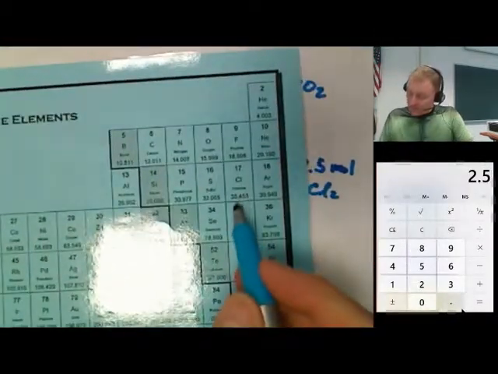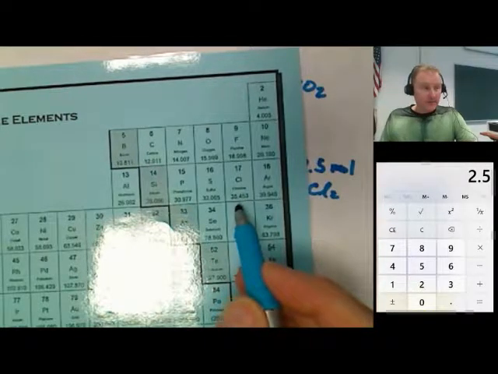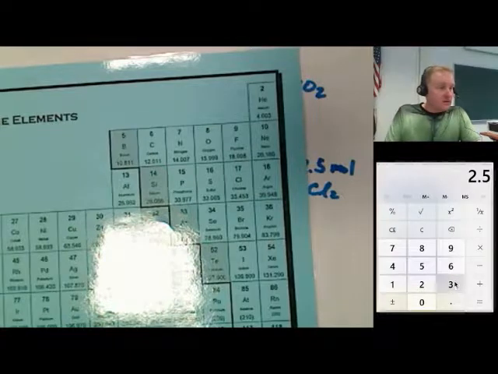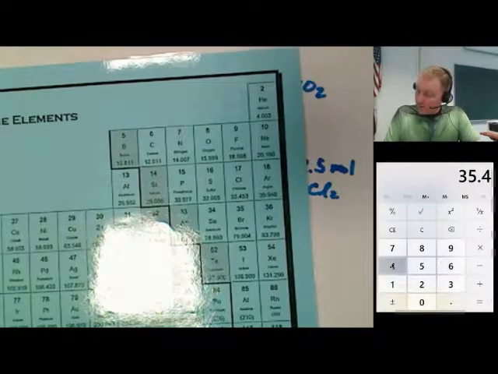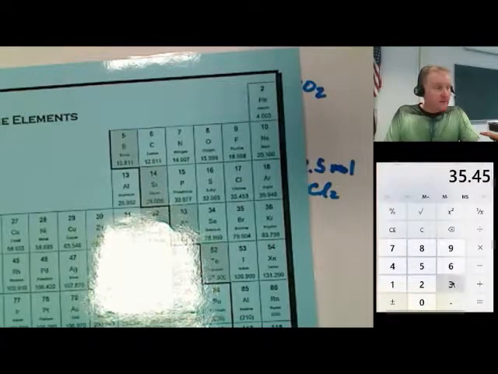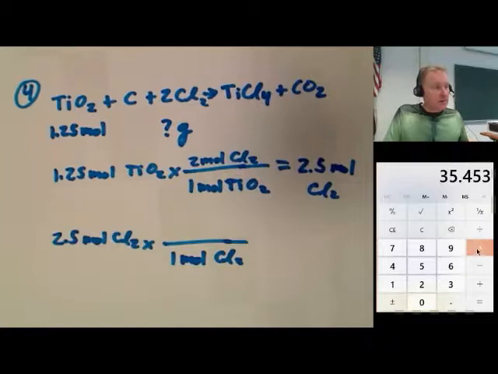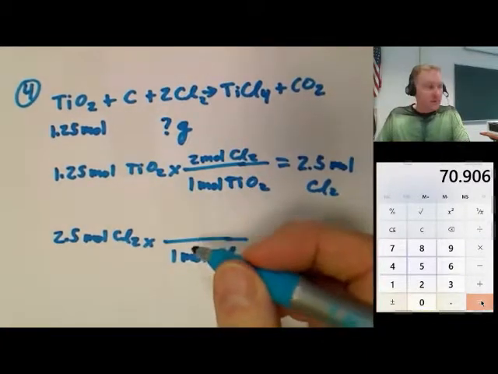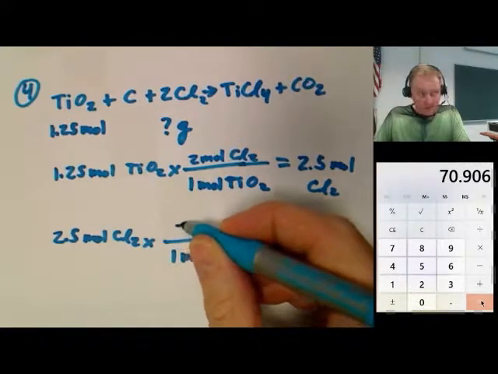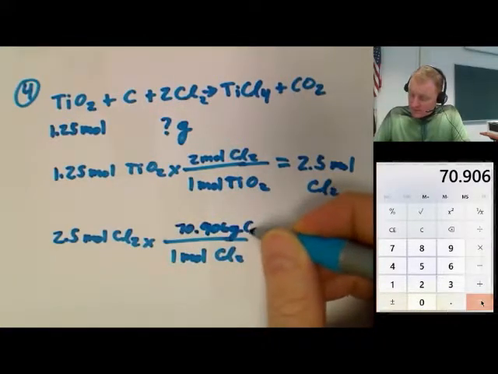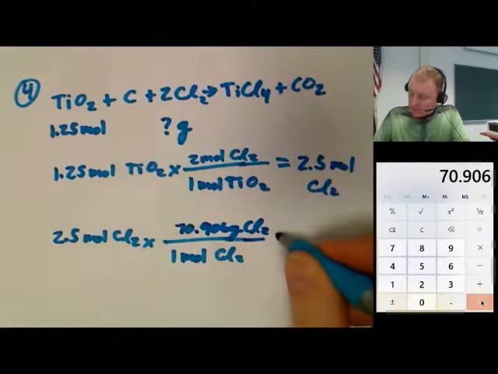Chlorine is 35.453. And chlorine, there's 2 chlorines, Cl2. So we're going to multiply that number by 2. And so the molar mass of chlorine is 70.906 grams per mole of chlorine.